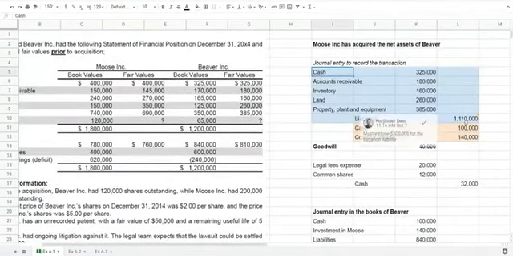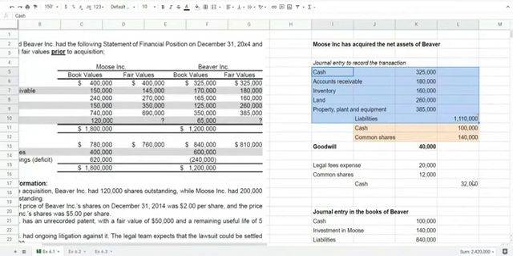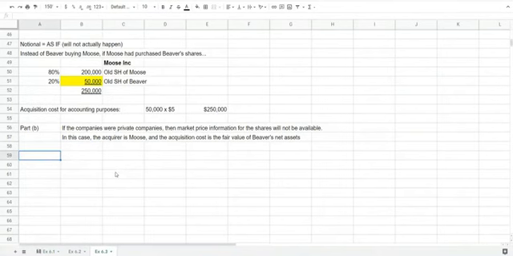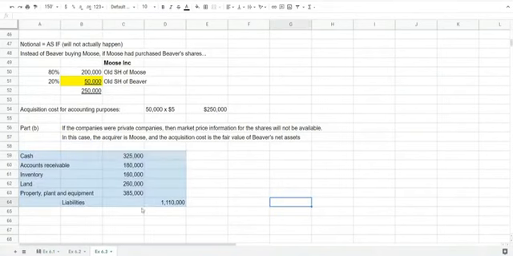So these are the assets and these are the liabilities they took over. Right? So these were the assets of Beaver. These were the liabilities that we identified. The difference between the two is the acquisition cost. 200,000 is the acquisition cost.